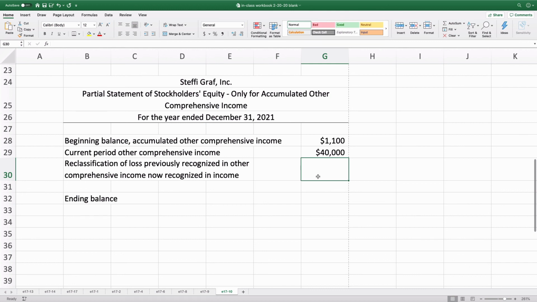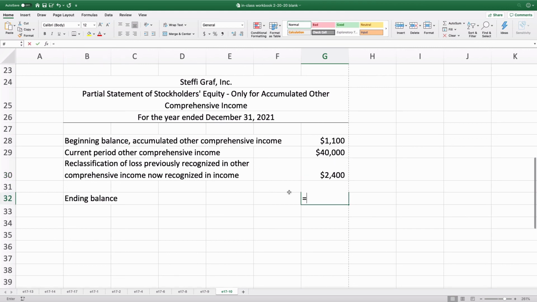And that's a double count. So we have to add back this 2,400. And that gets us down to the ending balance. I'll put it right here, which is the sum of these three. Didn't work. I'll just add them up.